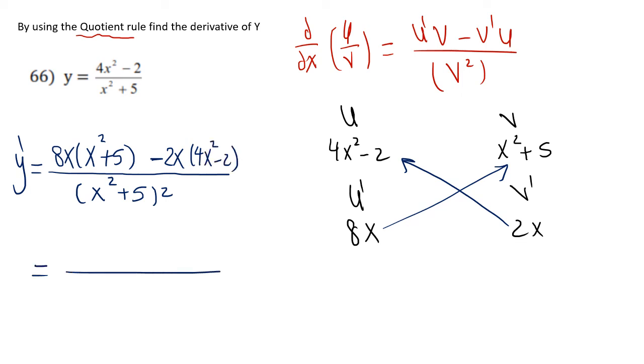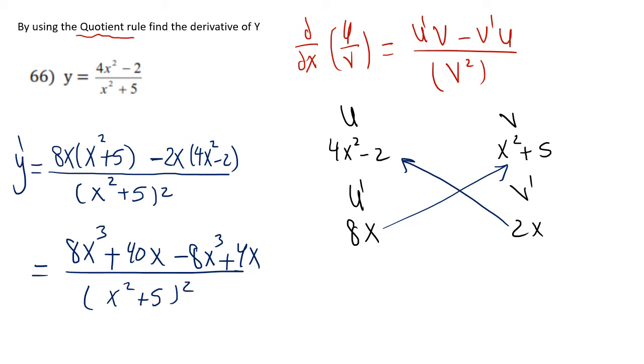So it's 8x to the power 3 plus 40x minus 8x to the power 3 plus 4x, divided by the square of v. So 8x to the power 3 minus 8x to the power 3 gives me 0, and 40 plus 4 is 44x, divided by (x squared plus 5) all to the power of 2.